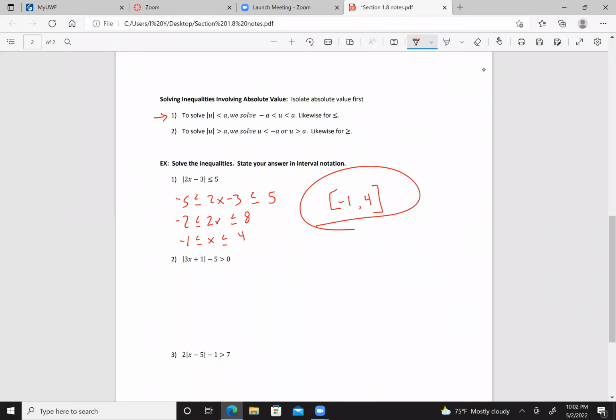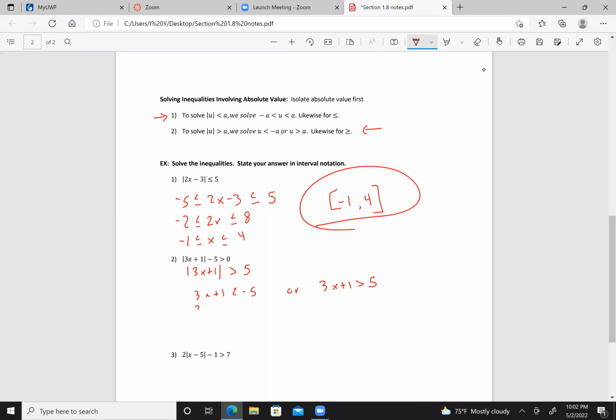Okay. So first step, isolate the absolute value. So I have the absolute value of 3x plus 1, add 5, is greater than 5. So now I'm looking at this. So I have u, which is 3x plus 1, is less than negative 5, or 3x plus 1 is greater than 5.